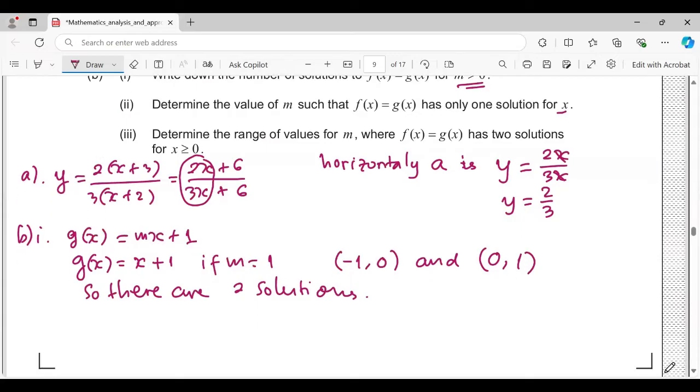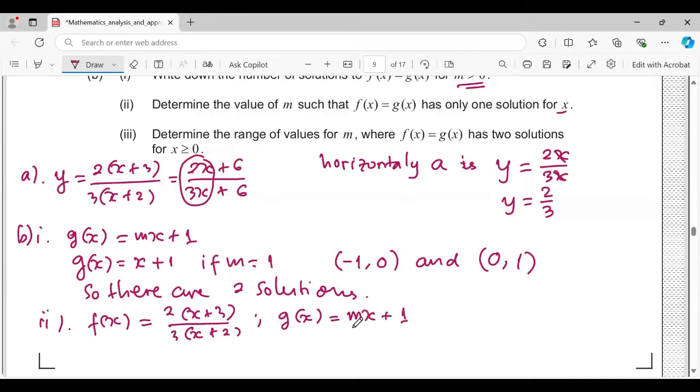So f of x equals 2 times x plus 3 over 3x plus 2, while g of x equals mx plus 1. So we will find this m, this gradient, how much?